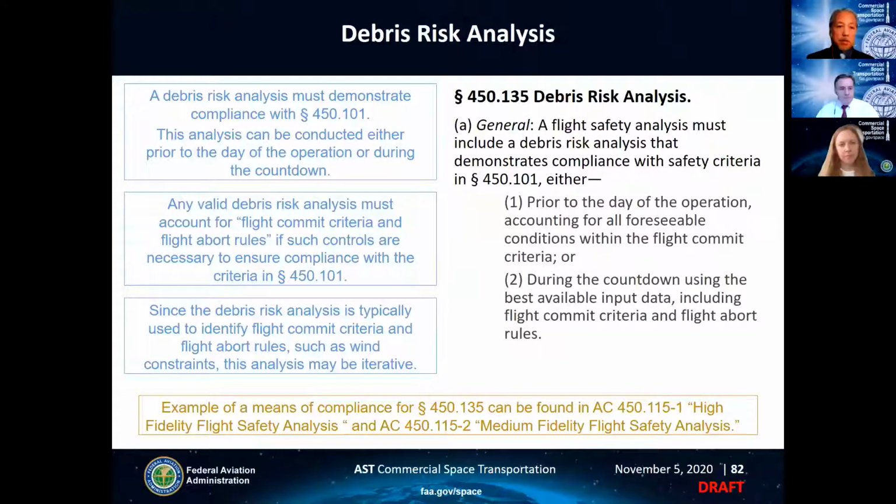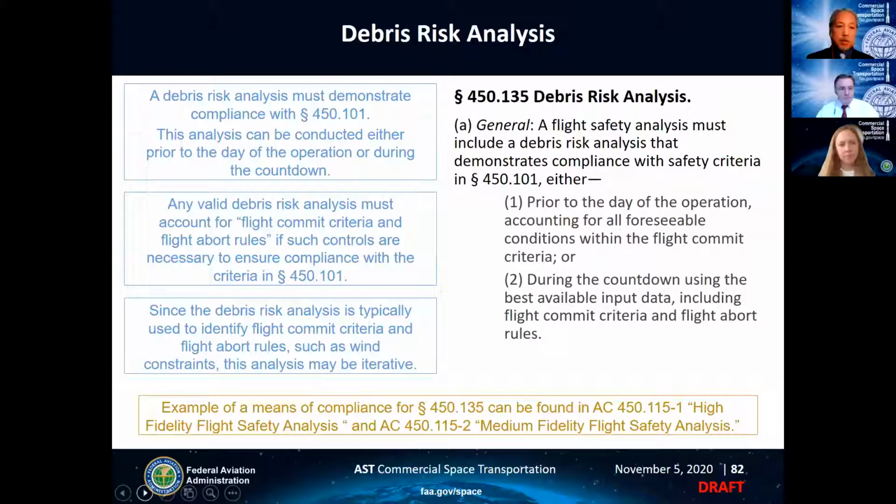Thank you, Michelle. So yes, now we'll cover section 135 pertaining to debris risk analysis. To begin, paragraph A states that a flight safety analysis must include a debris risk analysis that demonstrates compliance with safety criteria specified in section 101, either prior to the day of the operation, while accounting for all foreseeable conditions within the flight commit criteria, or during the countdown using the best available input data, including flight commit criteria and flight abort rules.